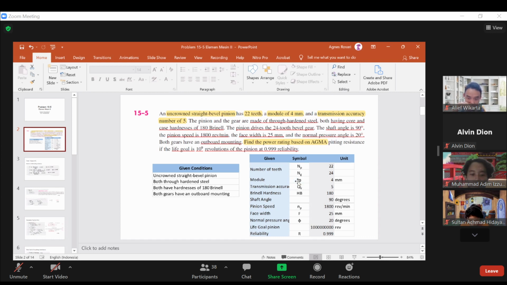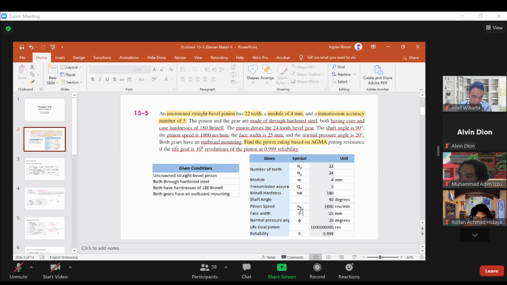The module is 4 millimeters, the transmission accuracy number Qv is 5, and the Brinell hardness is 180 for both pinion and gear. The shaft angle is 90 degrees.